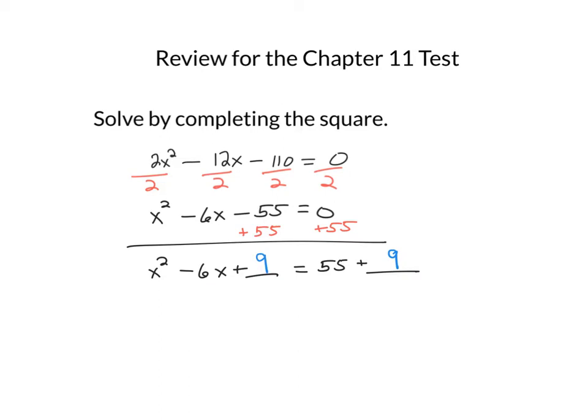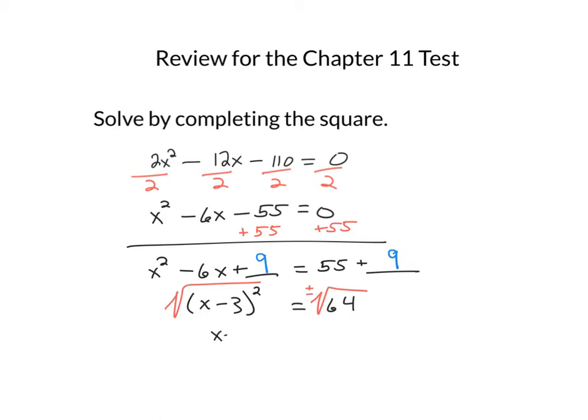All right, now I'm going to factor the left side, and that's going to be x minus 3 times x minus 3, or x minus 3 quantity squared. And on the right side, I get 64. Now I'm going to do what I did in that last problem. I'm going to undo the square with a square root, remembering my plus or minus.